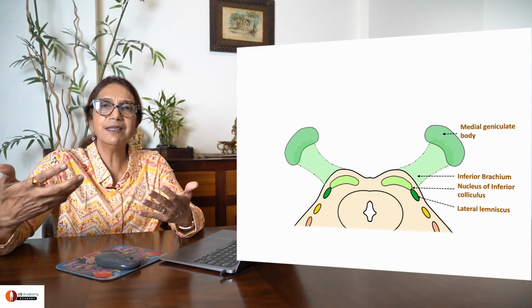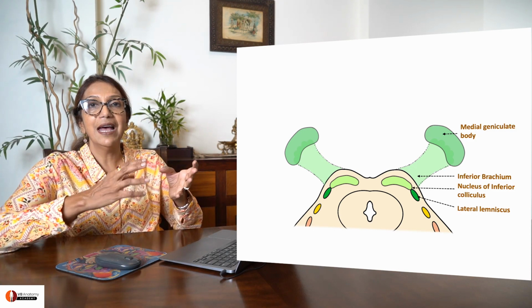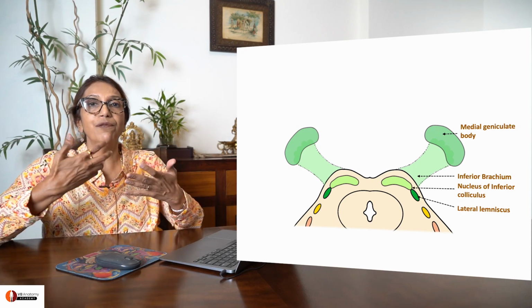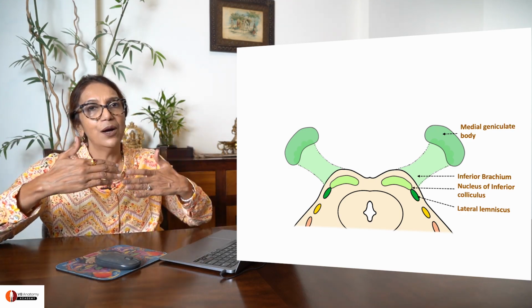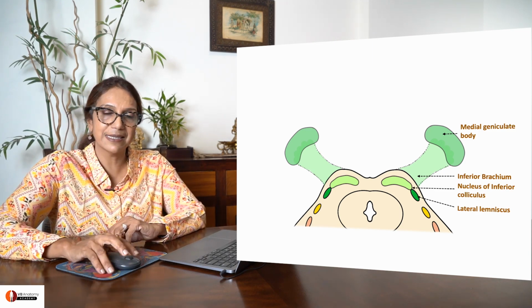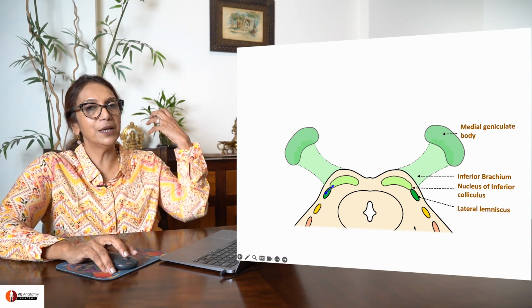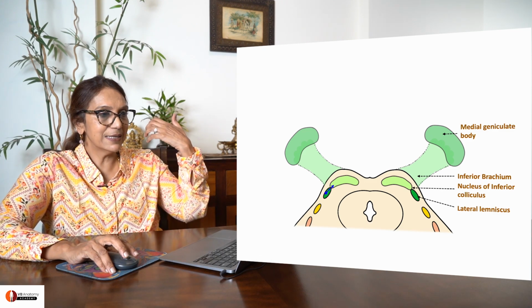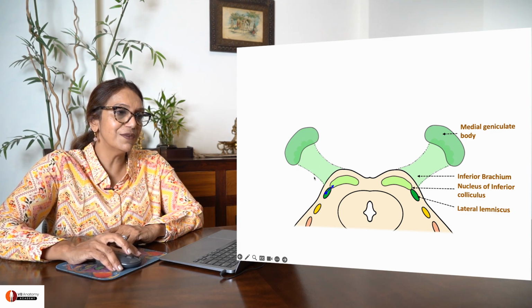Why are we doing this? Because I want you to understand how the nucleus of inferior colliculus acts as a lower auditory center. How does it act as a lower auditory center? Any hearing that has been picked up by the cochlear nuclei is carried up by lateral lemniscus and relayed into the nucleus of inferior colliculus.